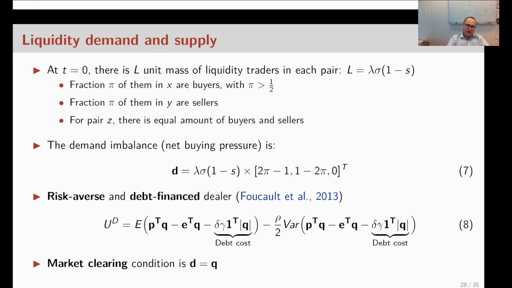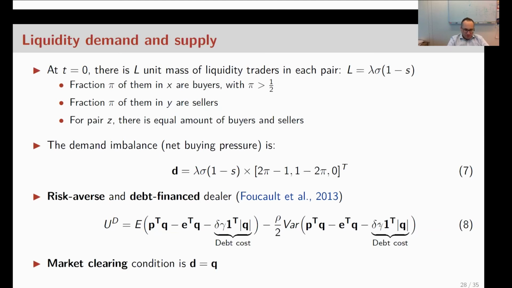So there is an L unit mass of liquidity traders in each pair, and at the outset there are some of them that are buyers in the currency X, where we then have a fraction greater than half of them that are buyers, and then symmetrically the same fraction being sellers of the Y currency, whereas for the currency pair Z, we don't have an imbalance. So there is an equal amount of buyers and sellers.